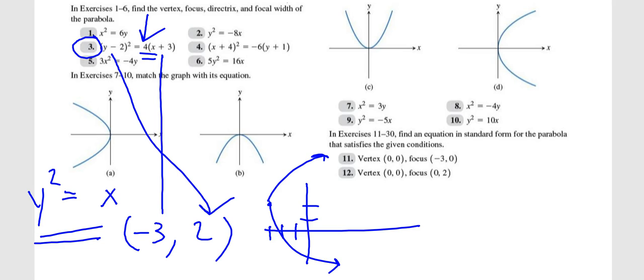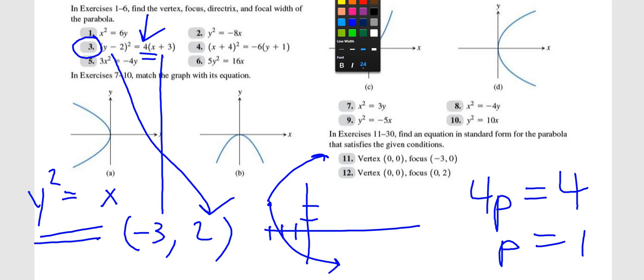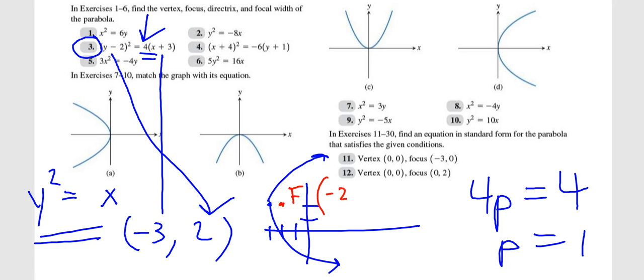Does anybody know what 4p, the focal width, is? It is +4, right? What does that mean about 1p? It's 1. So if I go 1 unit in from the vertex, is that the focus or the directrix? That is the focus, and so that is the point -2, +2.